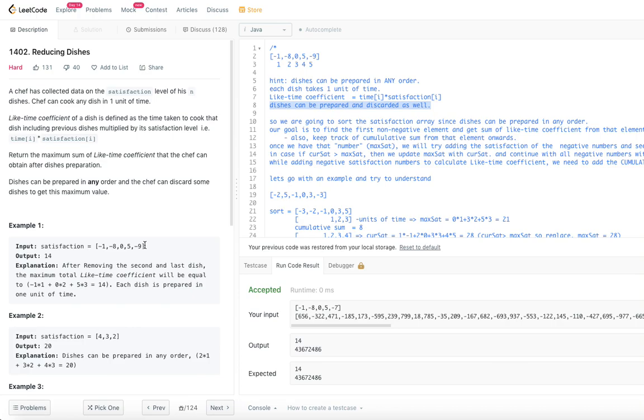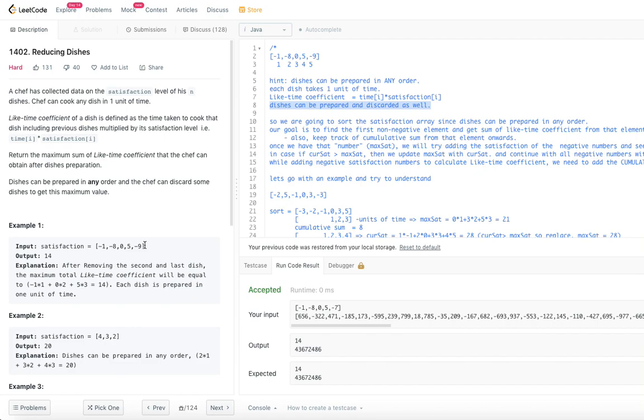So we sort, and we first find the first non-negative element, and we start the lifetime coefficient from that first non-negative element, and from then on we try to get the lifetime coefficient for all other elements. So the first step is sort, the second step is see if there is a non-negative element.